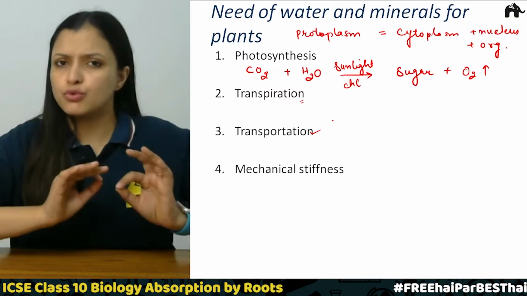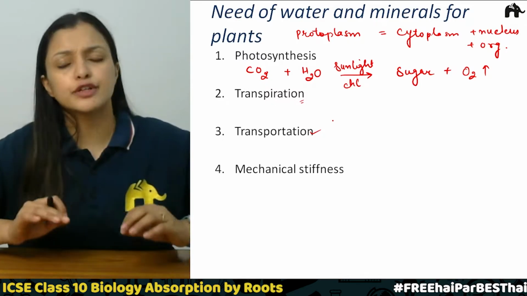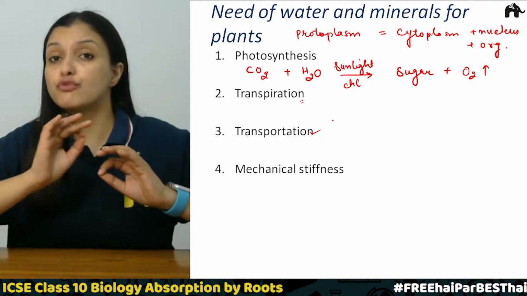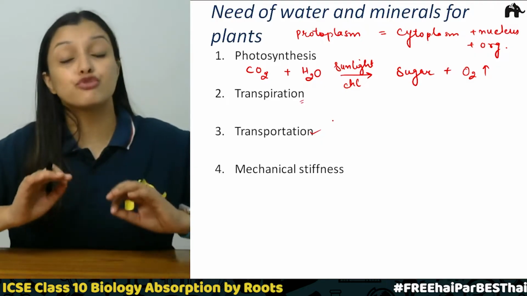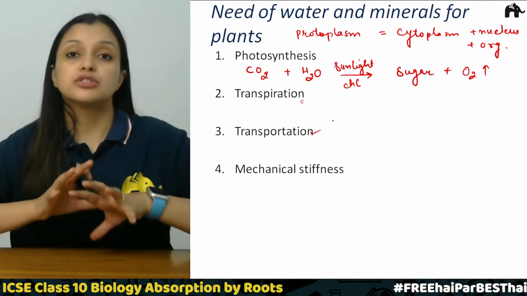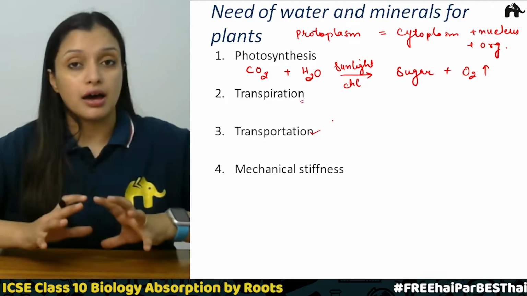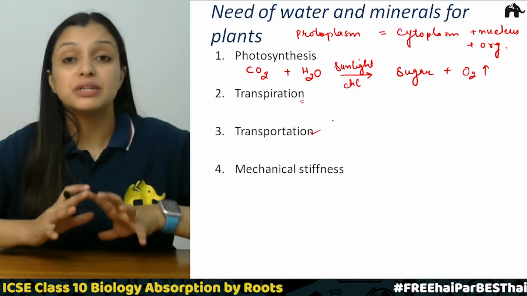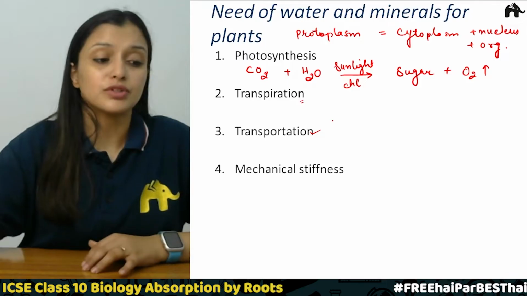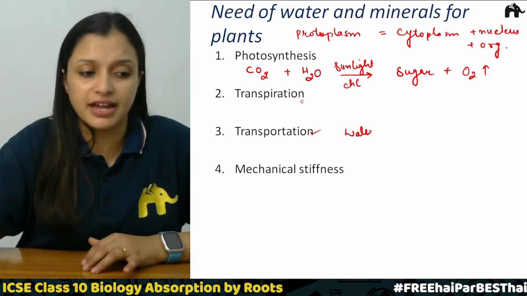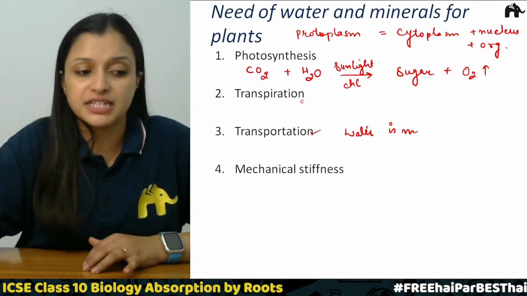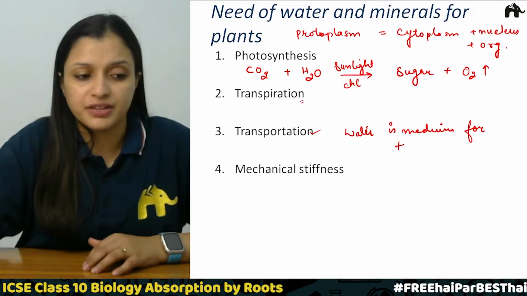So to move ions, to move minerals, to transport, sorry, not water but food, all of these transportations require water as a medium, correct? So water is the medium for transportation, correct?